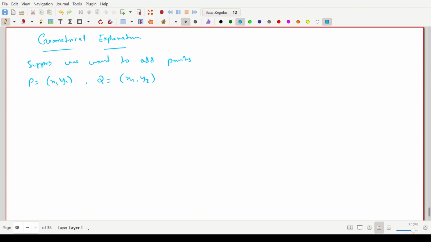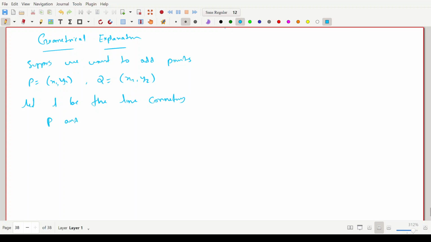They are on the elliptic curve. Let L be the line connecting P and Q.